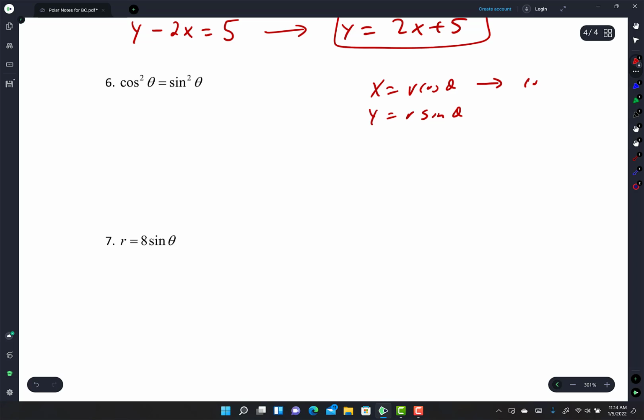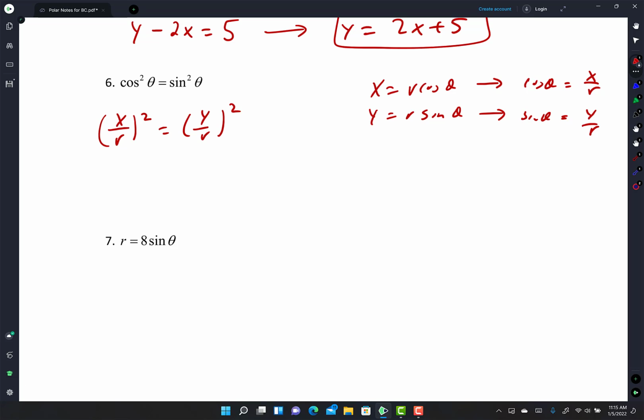So cosine theta is equal to x over r, and sine theta is equal to y over r. So we're going to go x over r, squared, equals y over r, squared. I just replaced the cosine and the sine. We're still okay? So now when I square it, x squared over r squared equals y squared over r squared.